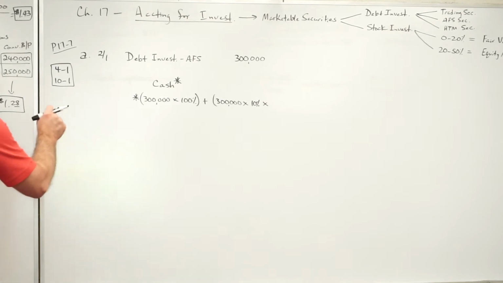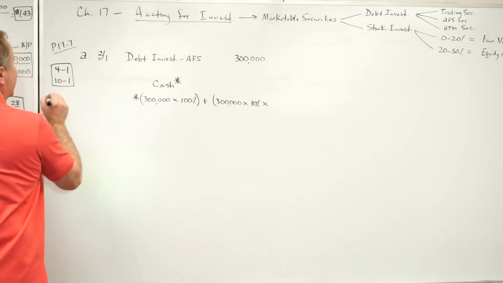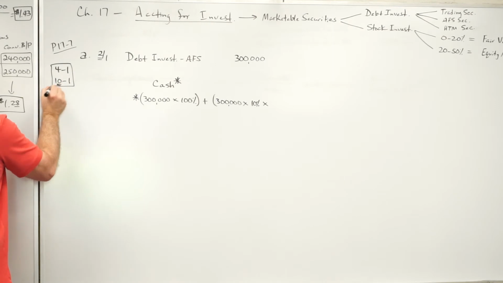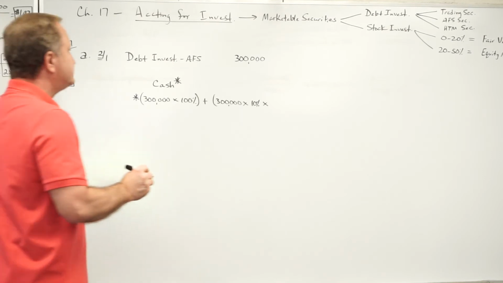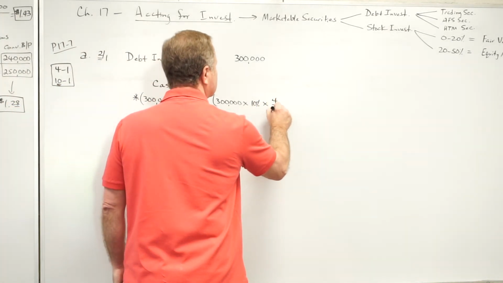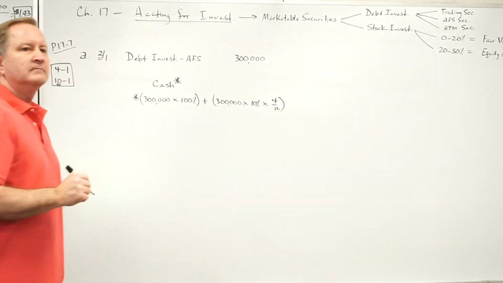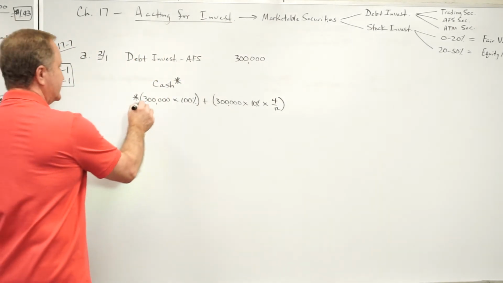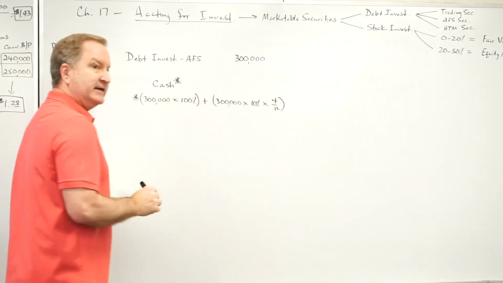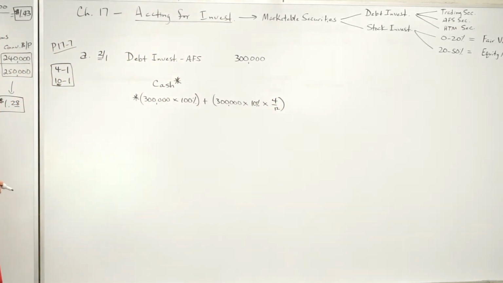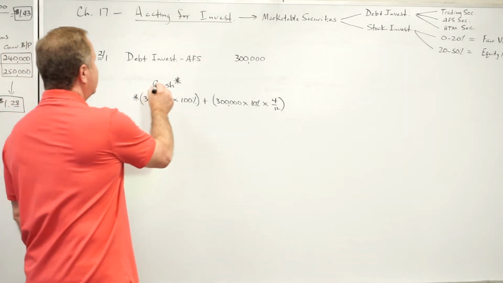If you're sitting here on February 1 and the bonds last paid interest on October 1, it's got to be October, November, December, January. 4 months. Right? So this is 300,000, and then 30,000, 1/3 is 10, 310,000. So that's how much we pay.